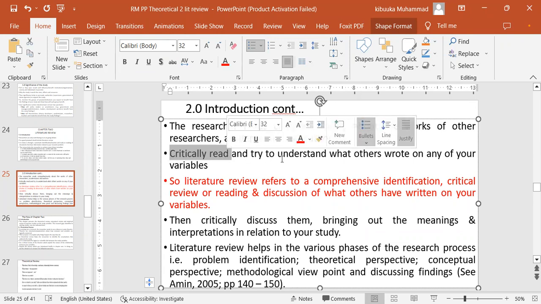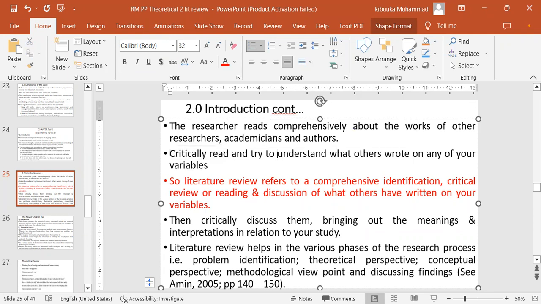The other one is understanding. We are reading to understand. And critically means you go deep. Bring out the inner meanings, not the surface meanings.